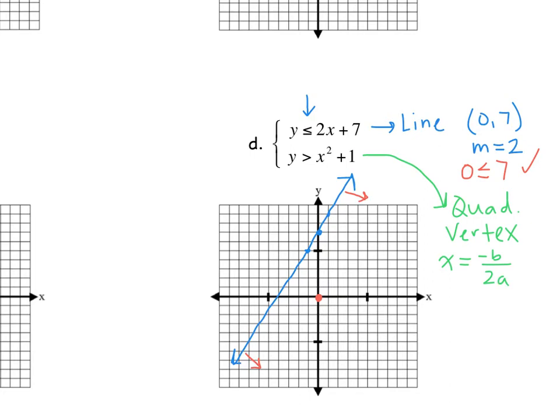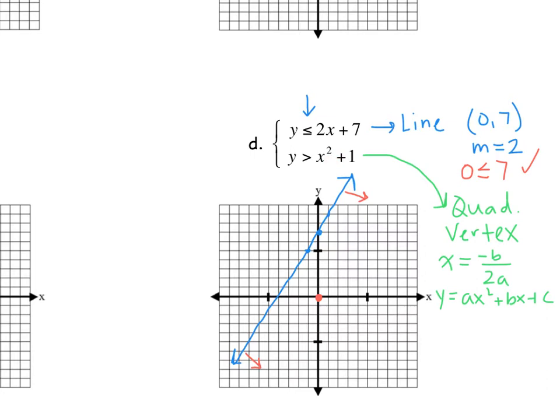So in this case, if we are in the form y equals ax squared plus bx plus c, you notice we don't have a b value here, okay?